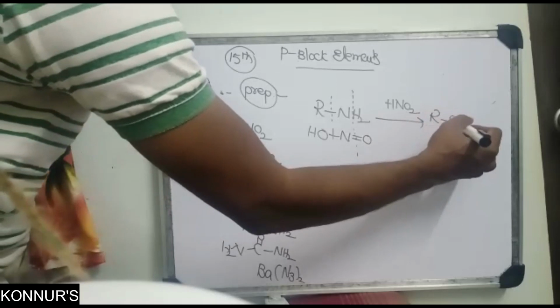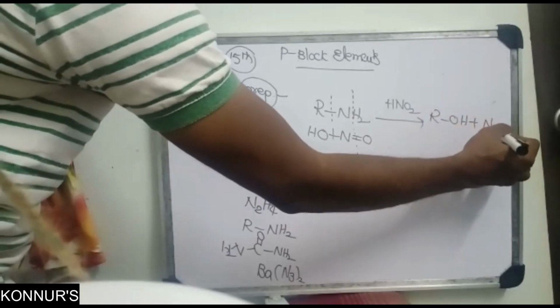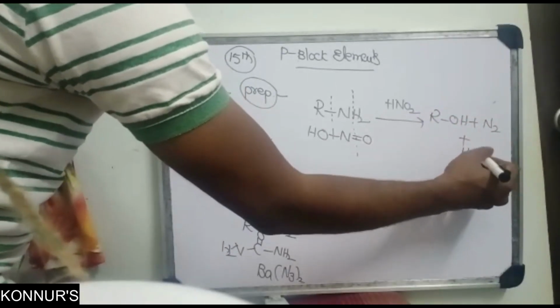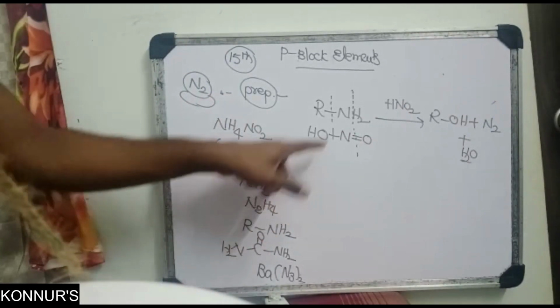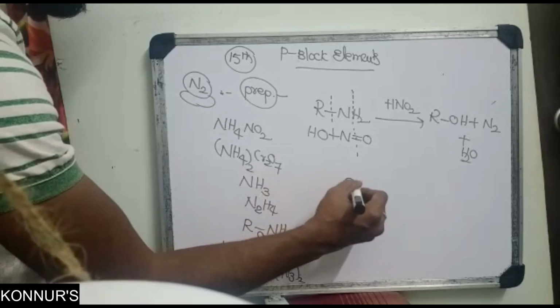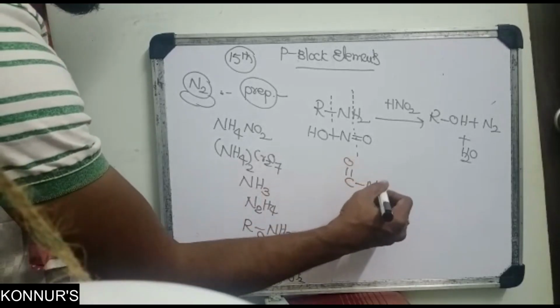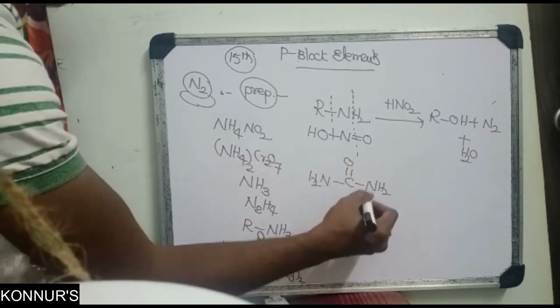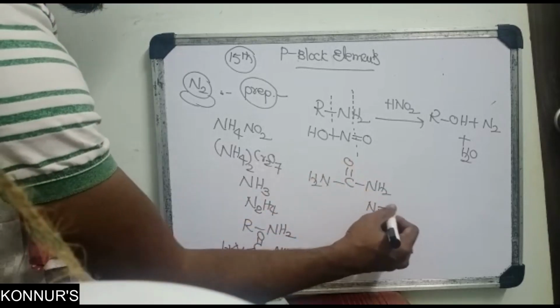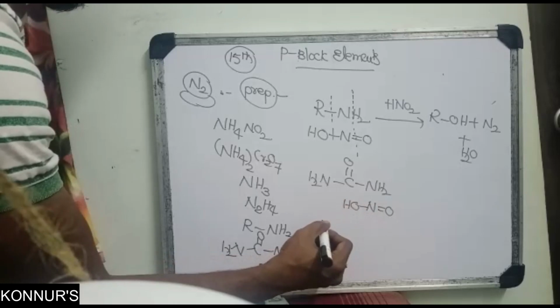Your answer is alcohol plus nitrogen plus water. Similarly, you take urea, 2 moles, C double bond O, NH2, NH2, with HNO2.